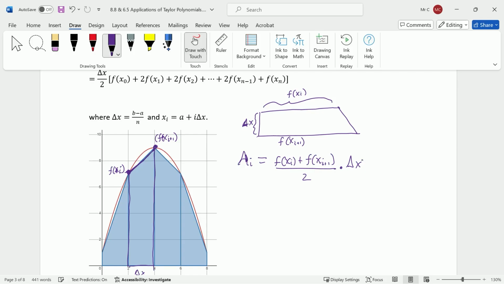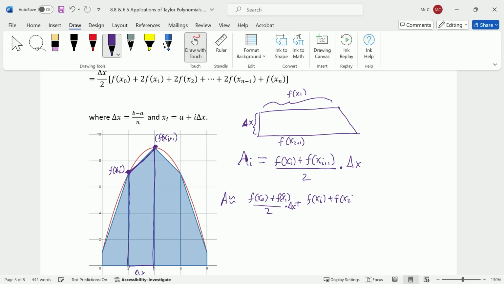Okay, so now how do we get the general formula? Well, we add up all these trapezoids. So that means the total area is approximately, okay, I get f of x0 plus f of x1. That's going to be my first trapezoid divided by 2 plus my second trapezoid. So that's f of x1 plus f of x2. I forgot my delta x there.